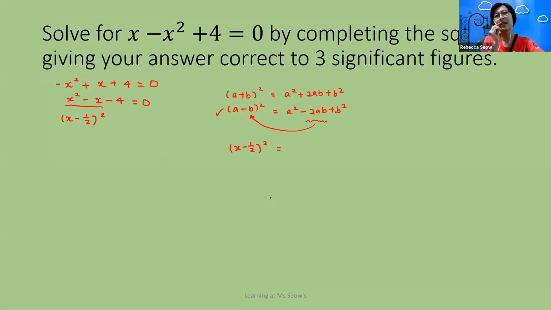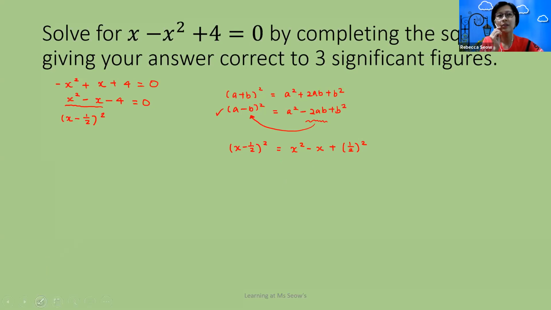Now, when we write it this way, we have created a square. So what exactly is in this square? Let's try to unpack it. When we expand it, we have x squared minus x plus half holding bracket squared.